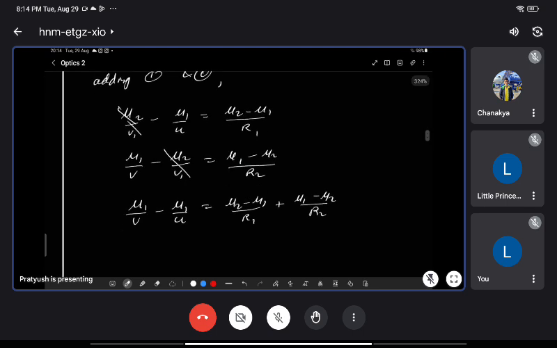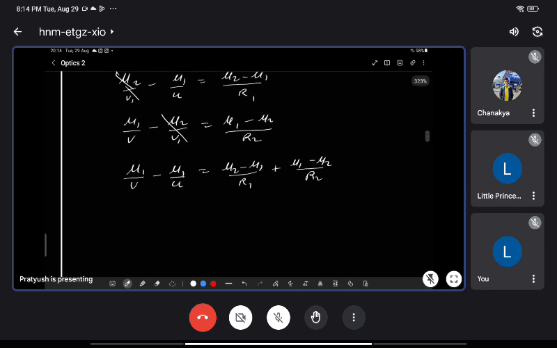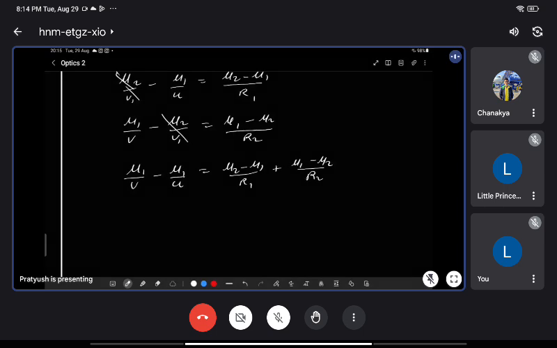Okay. Now here, we can write this as, take mu1 common, 1 upon V minus 1 upon U. This is equal to mu2 minus mu1 upon R1.